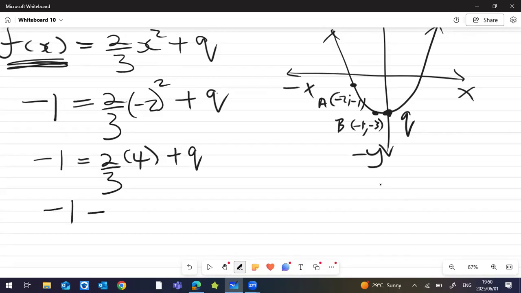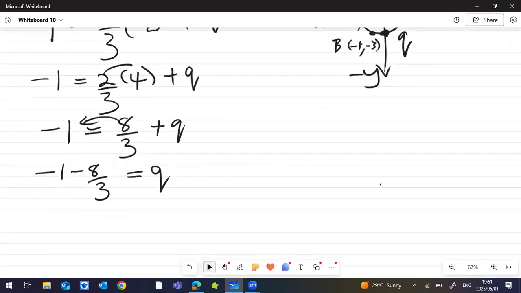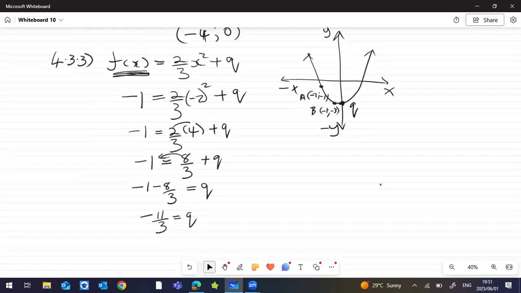Therefore, -1 equals 2 times 4 will give me 8 over 3 plus q. Bring this 8 over 3 to the left-hand side. We have -1 minus 8 over 3 equals q. Then if you work out these two fractions, you will end up with minus 11 over 3, which will be our q. Then you can go back to your f of x, replace your q here.